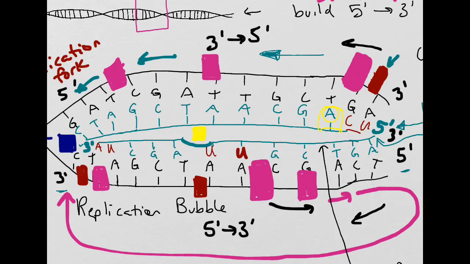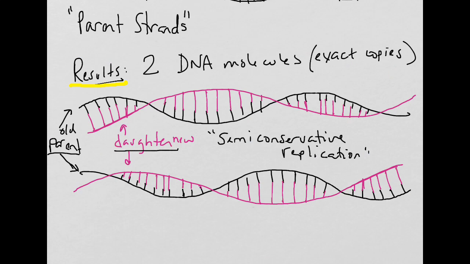Okay, so there, now we have replicated our DNA, and you can see that at least this little segment that's replicated was semi-conservative, that each growing strand of DNA is made up of parental DNA and daughter DNA. When it's all said and done, we will have those two separate strands, just like we see here, the result.